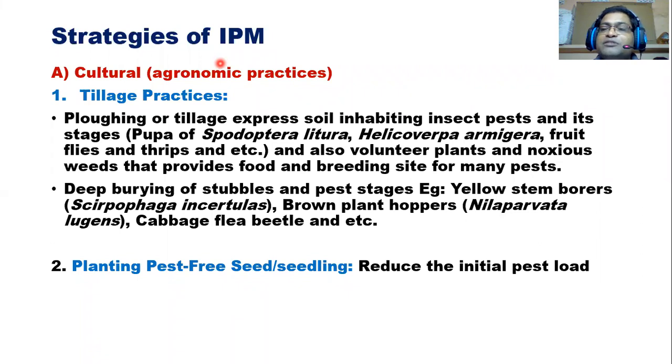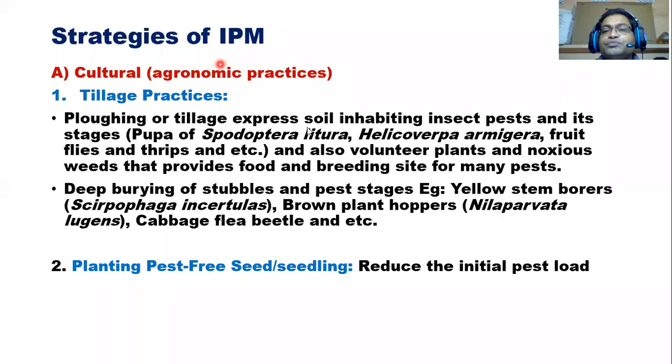Some cultural aspects are practiced by the farmers, starting from the selection of planting material up to the harvest. There are several techniques. One is the tillage practices. Compared to disease management, in pest management you can reduce the pest load tremendously by implementing tillage practices.